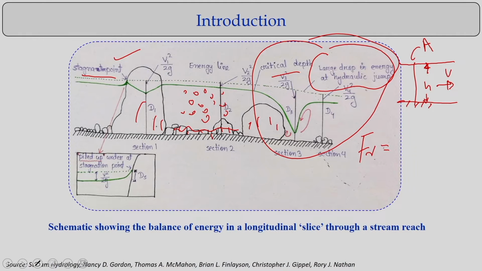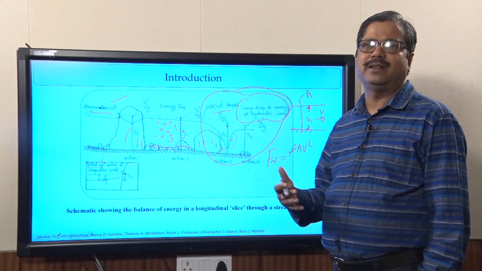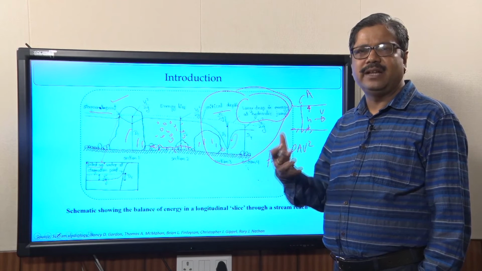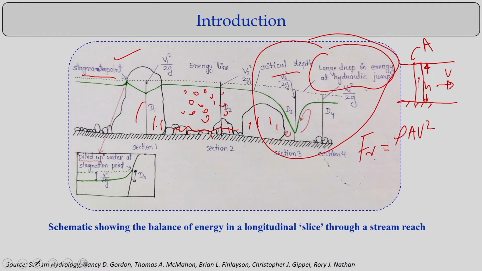Under these conditions, the inertia force will be rho A v squared. Rho times Q is a mass flux, multiplied by v is a momentum flux, which is equivalent to the inertia force for a flow with depth h moving with velocity v and cross-sectional area A. The momentum flux is rho A v squared, the inertia force, divided by the gravity force.